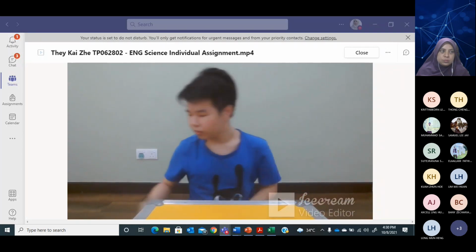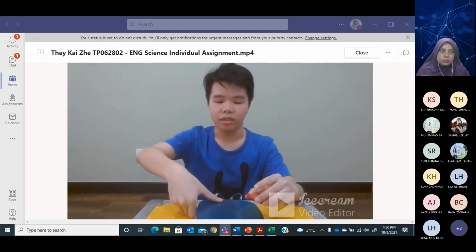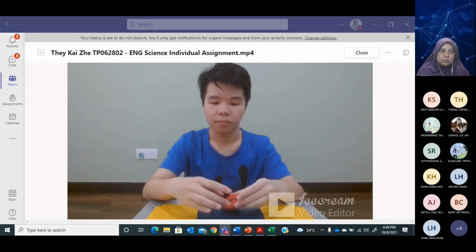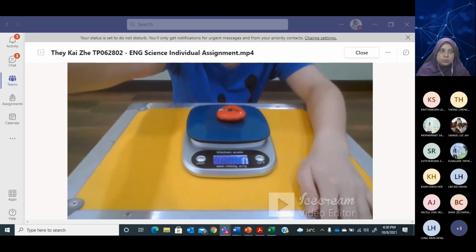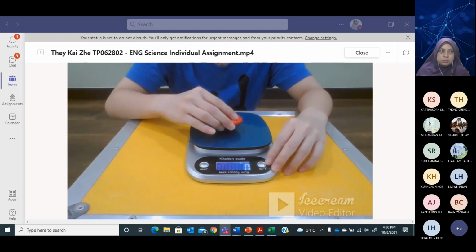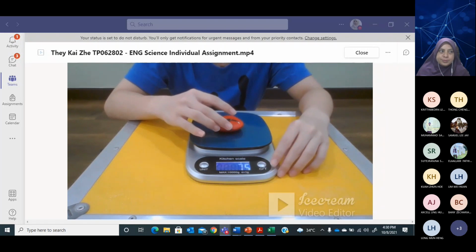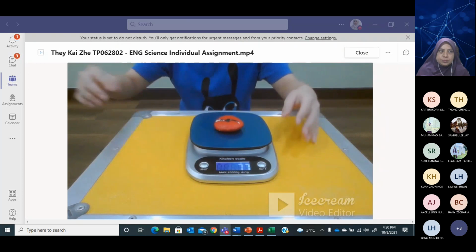So first, I will measure the mass of the rock. So this is the kitchen digital scale. As you can see, it is 76 grams.